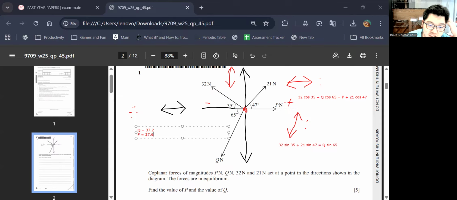You just have to input the values in the equation into your calculator correctly to be able to obtain this.